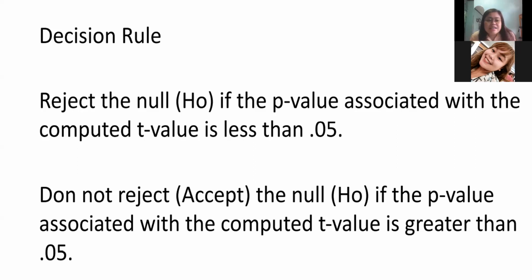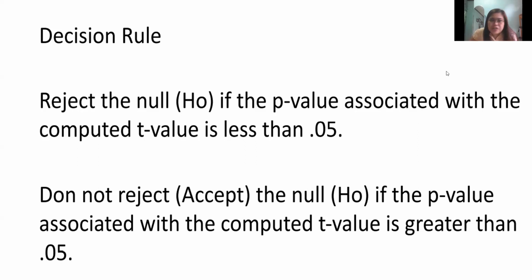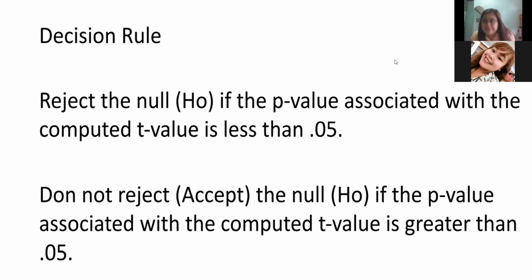So our decision rule, class, is to reject our null hypothesis if the computed p-value is less than 0.05. Supposedly, for an experimental study, our level of confidence is 0.01. So if we use 0.01 as the level of confidence, we will reject the null hypothesis if it is less than 0.01.